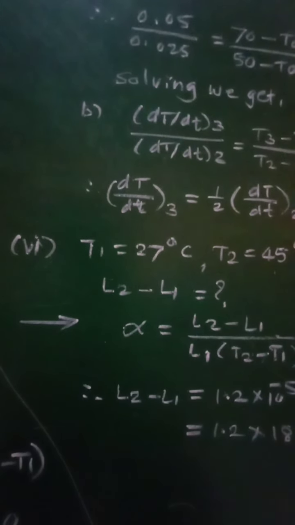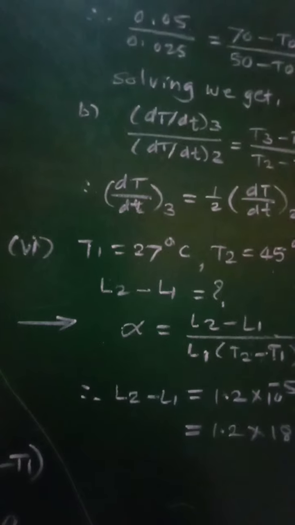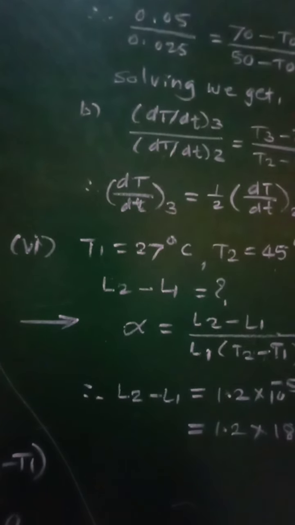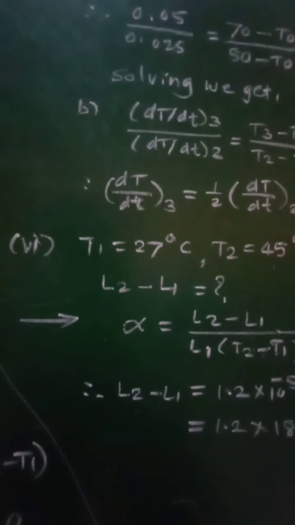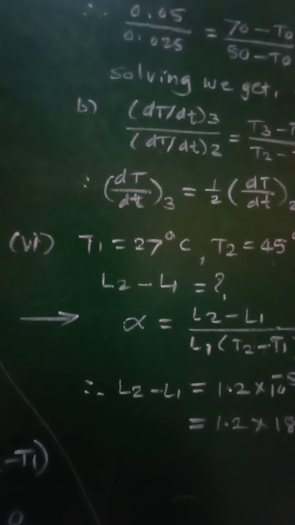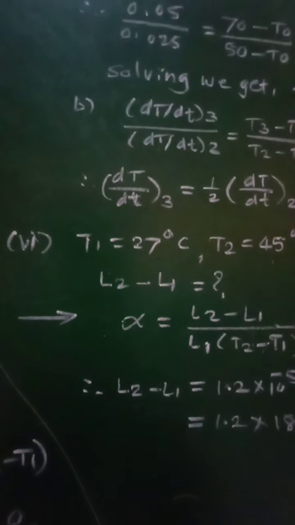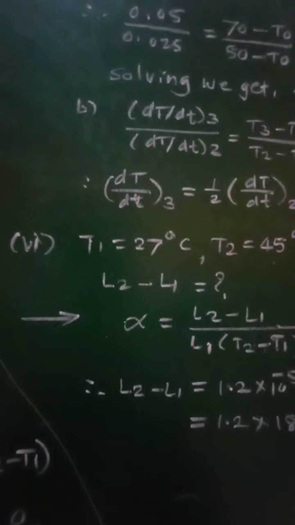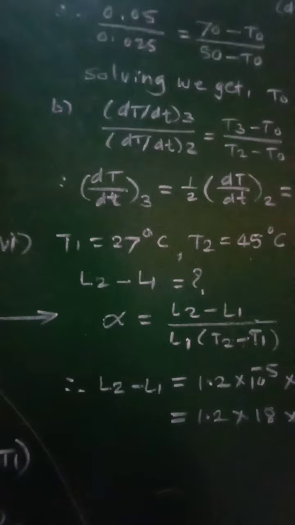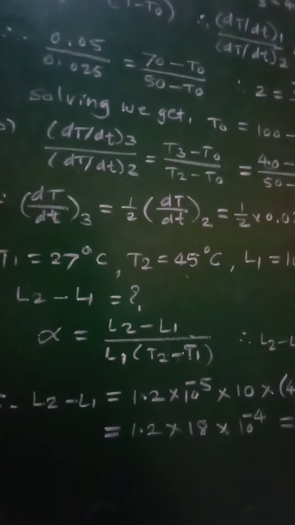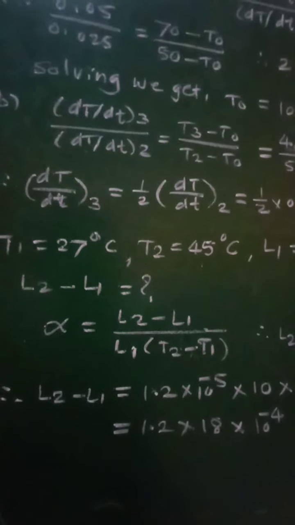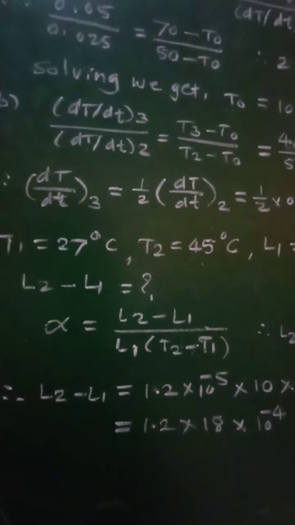If the maximum temperature in the region is 45 degrees Celsius and the length of each rail section is 10 meter, then what should be the gap left, given that alpha is equal to 1.2 into 10 raised to minus 5 per Kelvin for the material of the rail section.